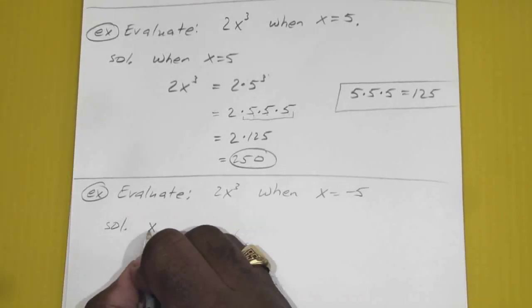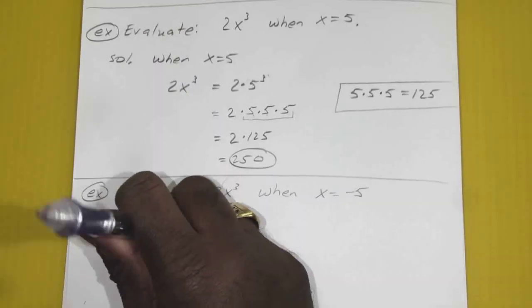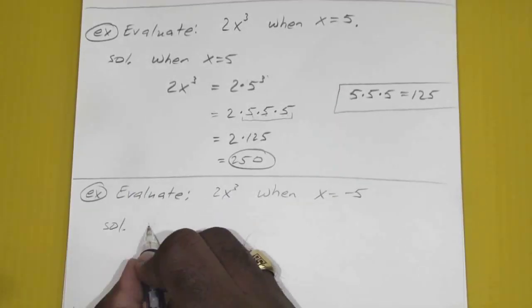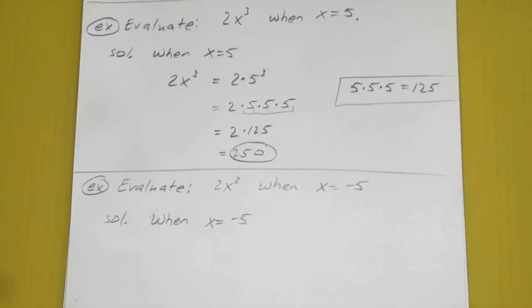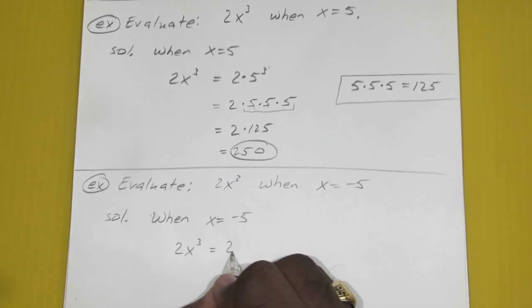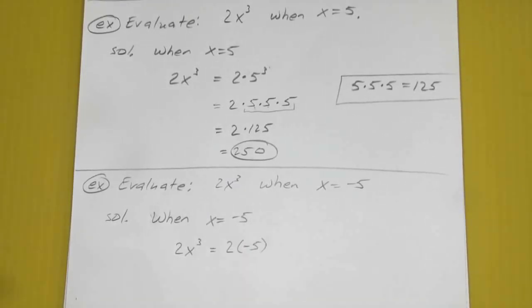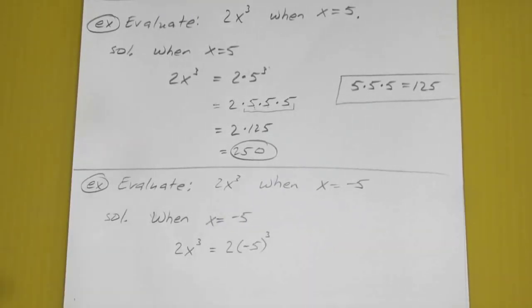So when x is equal to -5, then your 2x to the third power is equal to 2 times -5 to the third power. That's when you have to have the parentheses, whenever you have that negative in there. Because if you didn't have the parentheses, it would just look like 2 minus 5 to the third, which would throw you all off and confuse you. So you want to use the parentheses there.